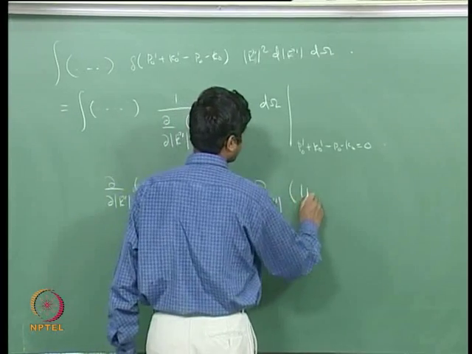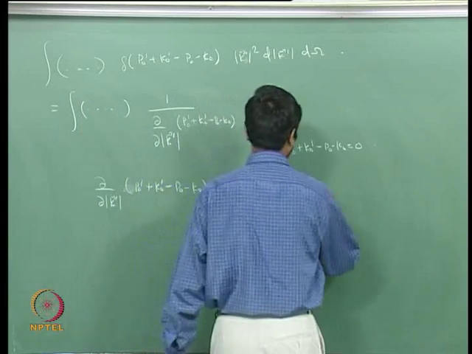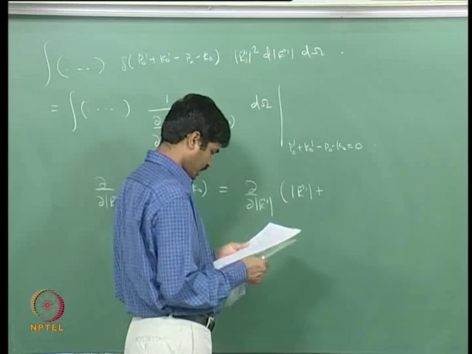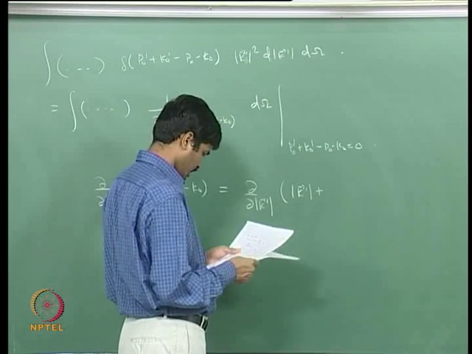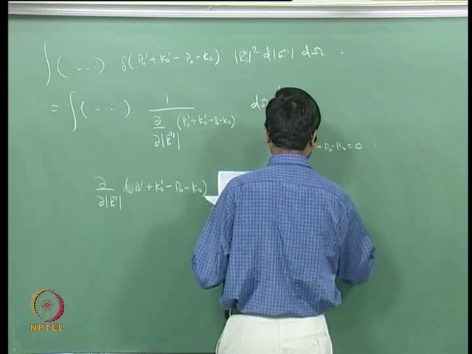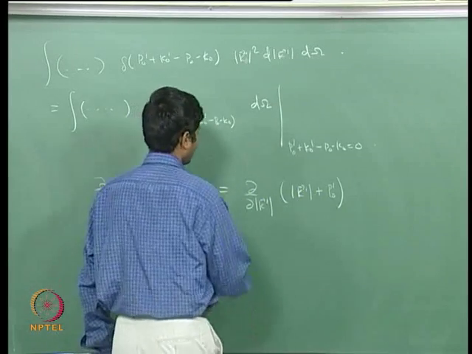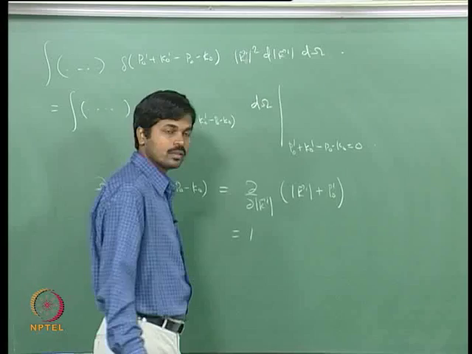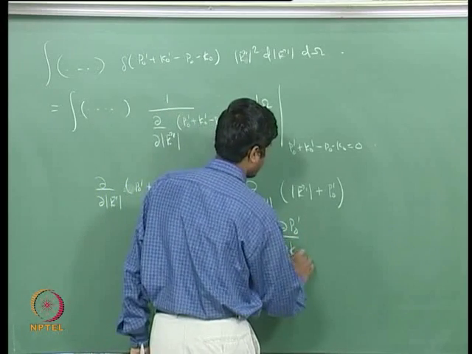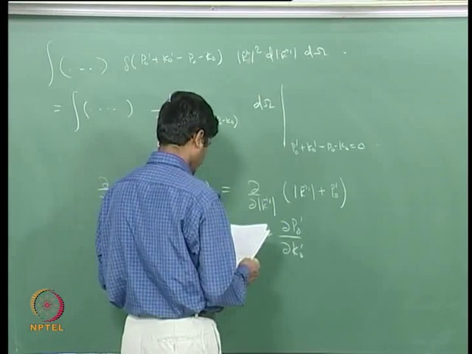K0 prime I will write as mod k prime, and p0 prime has k0 dependence, which I will keep writing as p0 prime. So this is 1 plus del p0 prime over del k0 prime, right. So this is what I need to evaluate.